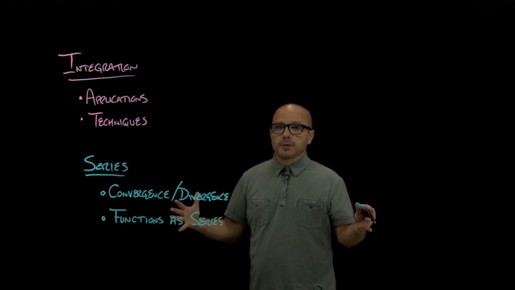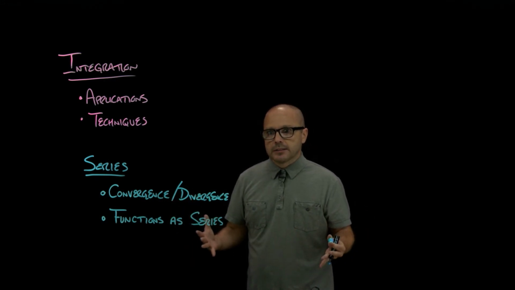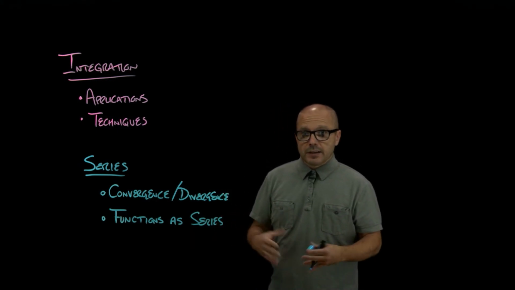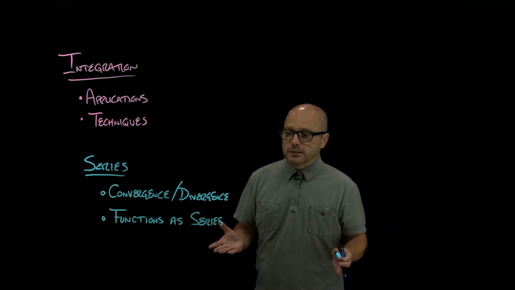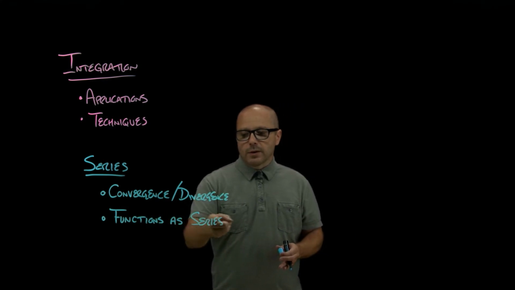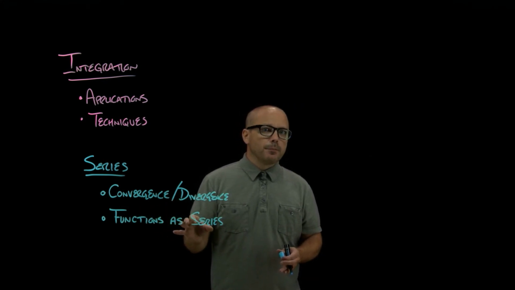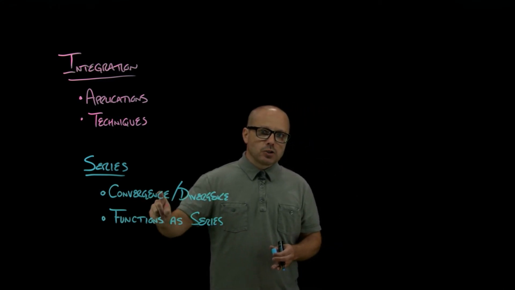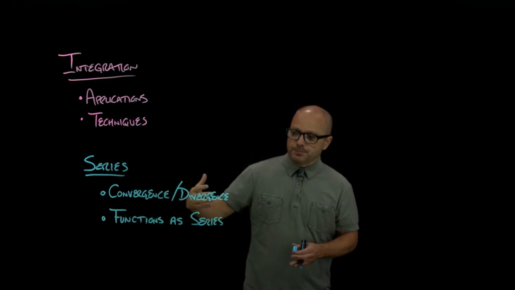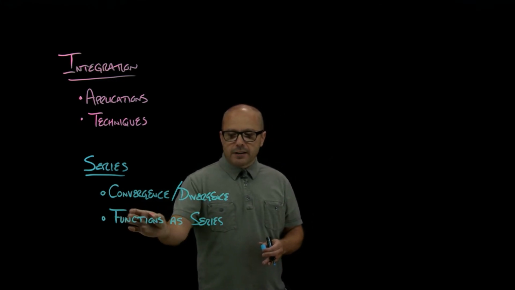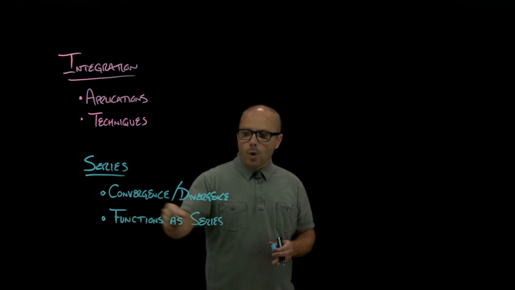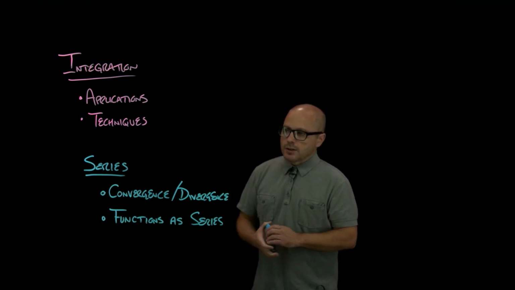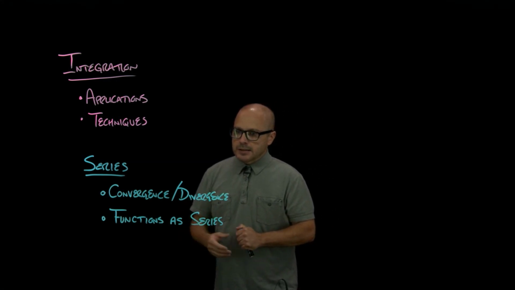There is no formula that can tell you how to calculate those things. That's what makes them transcendental. So that's a problem for us. How do you calculate something that has no formula? Well, one way to do it is to write it as an infinite sum. Now, you still can't calculate that because it's infinite, but you could take some partial sum of that as an approximation. So this idea of rewriting a function as a series is sort of the goal of all this convergence and divergence talk there. So we'll spend some time there in series.